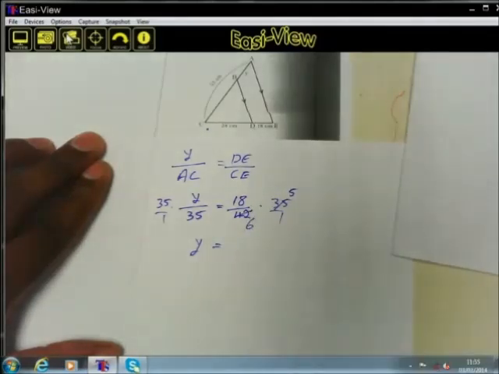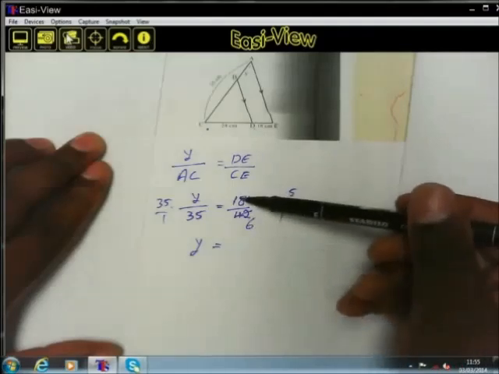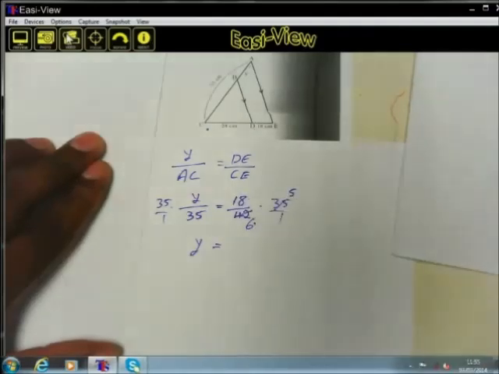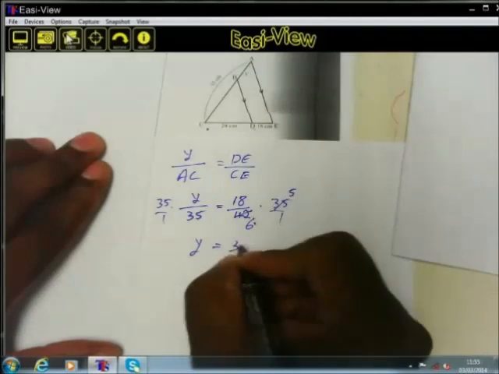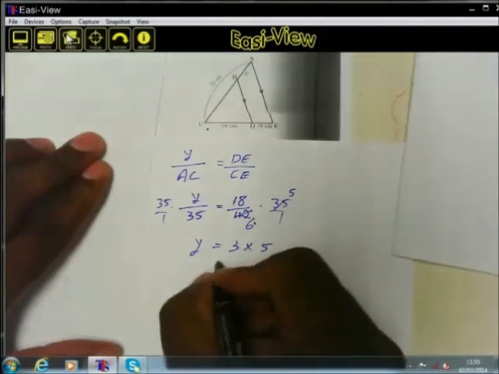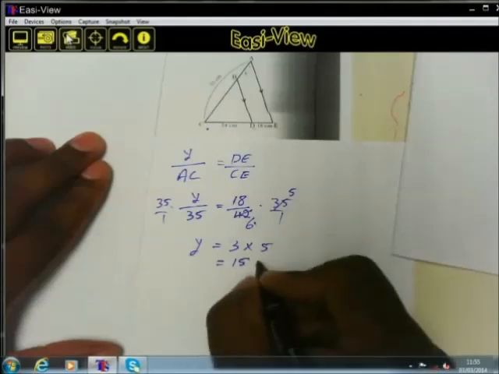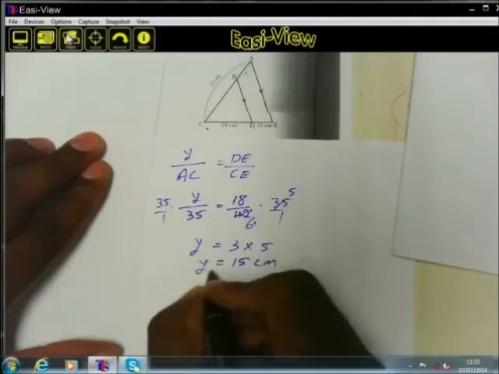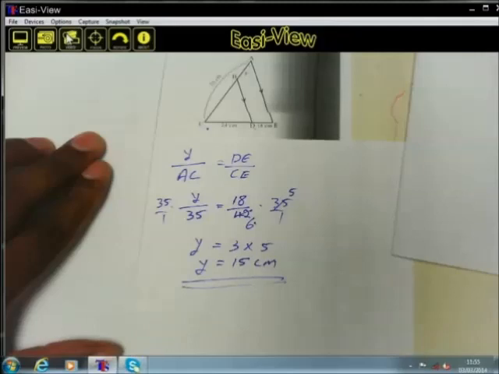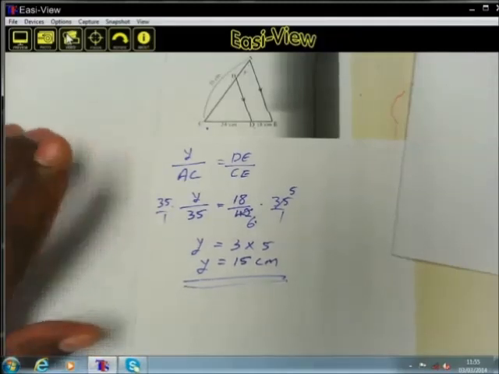Now we can simplify further: 18 divided by 6 gives you 3. Then 3 multiplied by 5 is equal to 15. What are the units used? Centimeters. Therefore, the value of y is equal to 15 centimeters.